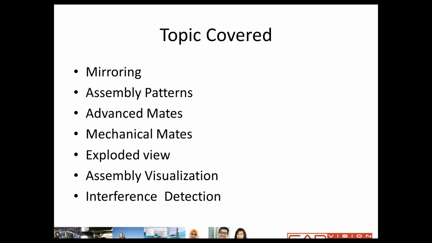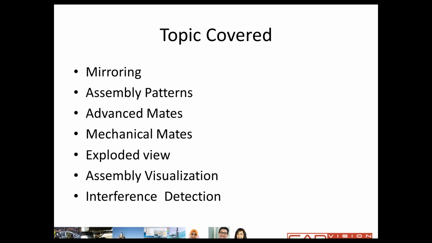For today's agenda, we will look through mirroring, how we mirror assembly components, and then some assembly patterning. We will go through the advanced mates, because we have a lot of different types of mates, but we don't fully utilize all of them. And then we will go through mechanical mates as well.